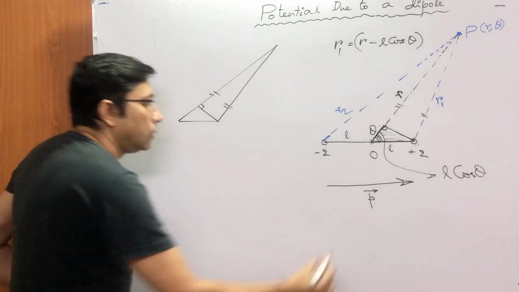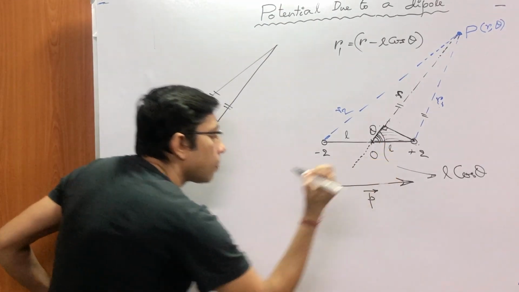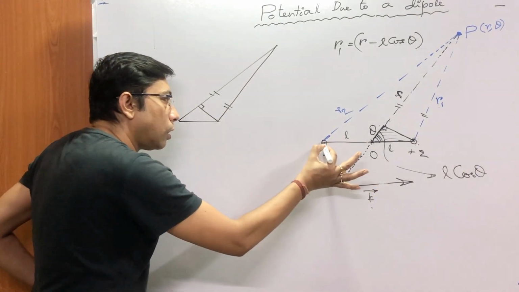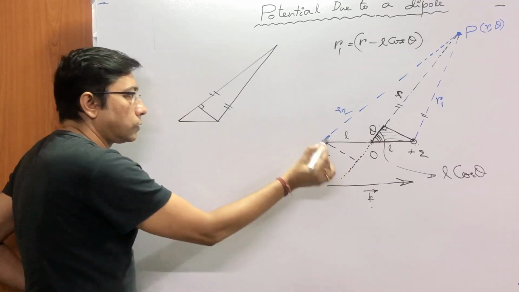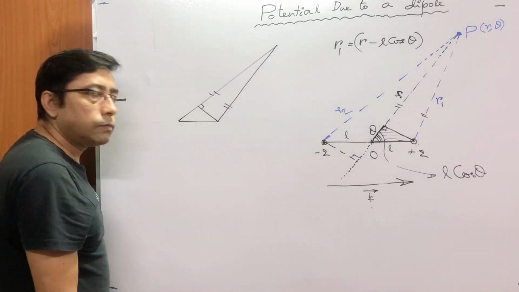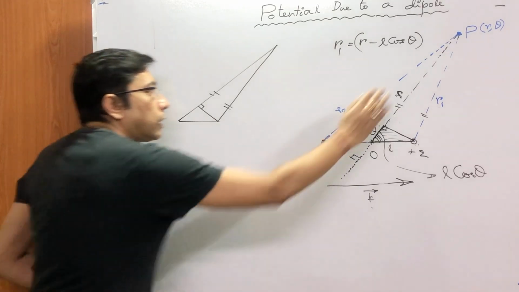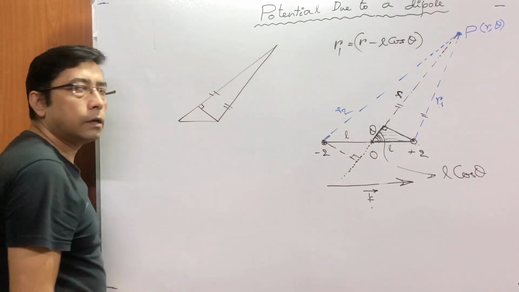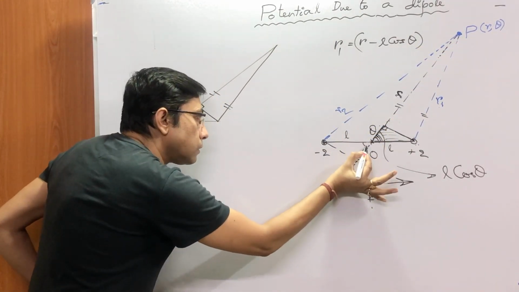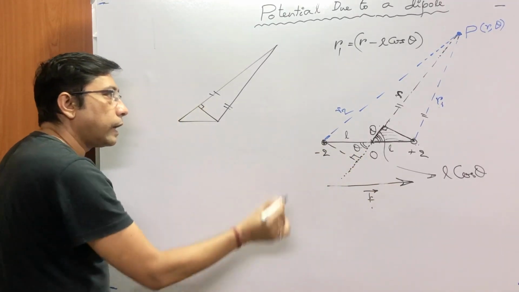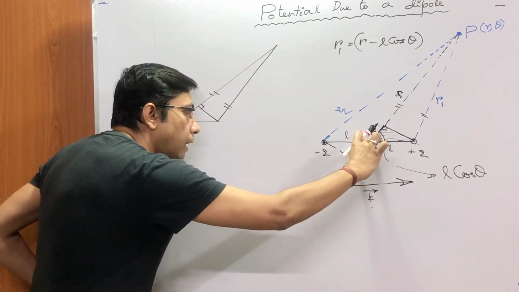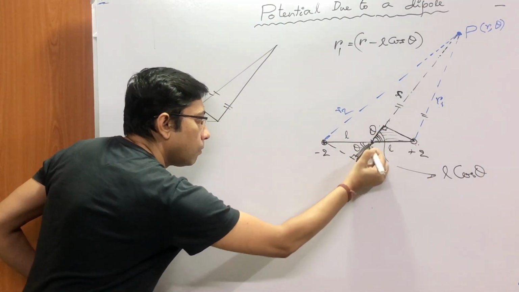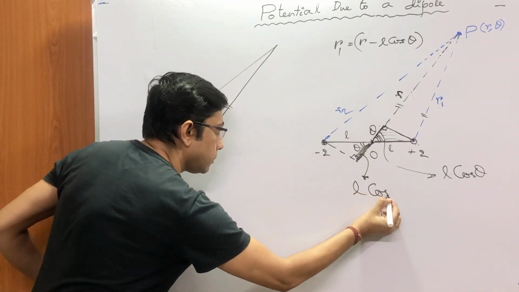In similar manner, we can produce this R backwards and we have to draw a perpendicular on this from this point. So, a perpendicular on this gives us a bigger triangle. Think of this total triangle. In this triangle, this is theta, so this is also theta. And if that is theta, then how much would be this side? This side also will be equal to L cos theta.